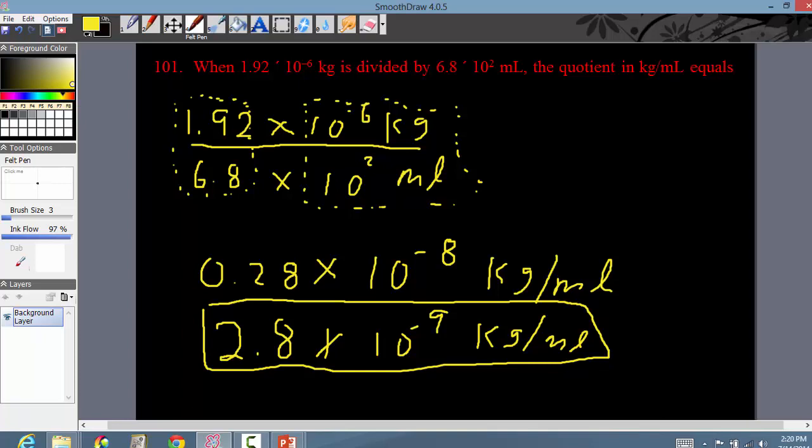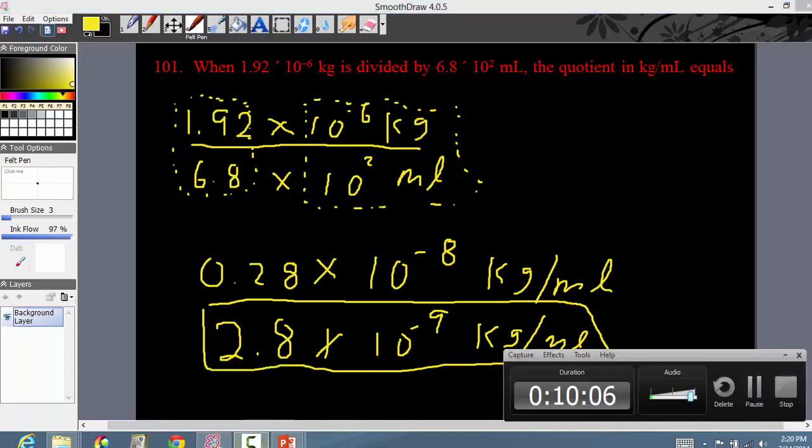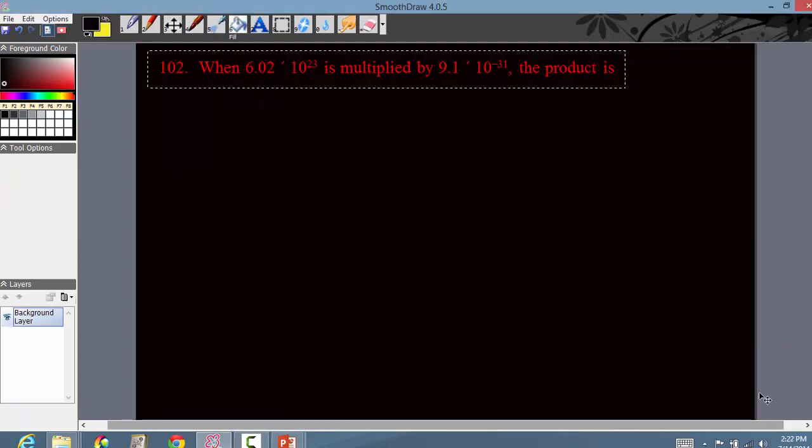Now what I'm going to do is solve another one. Let me see if I can get out of this one better than last time. All right. Here's a new problem. When 6.02 times 10 to the 23rd is multiplied by 9.1 times 10 to the minus 31, what is the product?